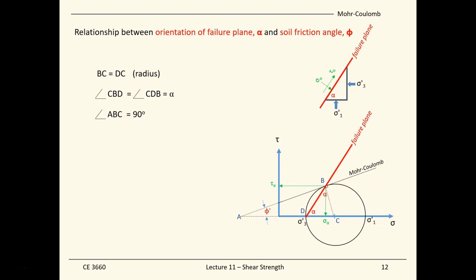We also know angle ABC is a right angle because it's a tangent line touching the circle. With that, we can calculate angle CBA right there.